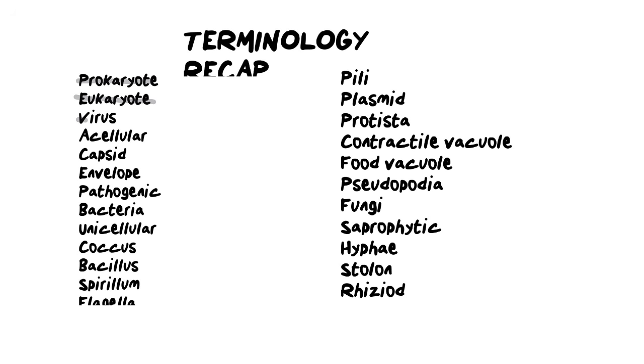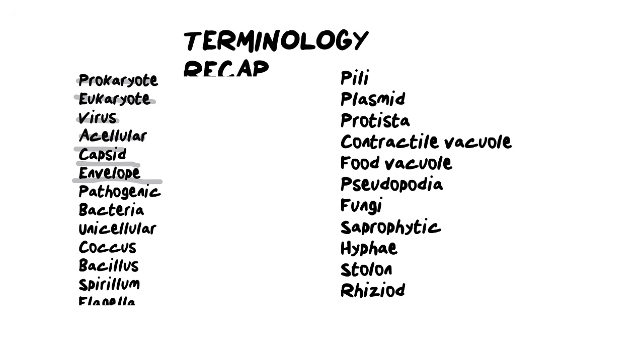And that basically means that they don't have the ability to live without a host. Then they have two protective layers, a capsid and an envelope. A capsid is a protein layer and an envelope is a fatty layer, both of them allowing viruses to live anywhere. We also learned the word pathogenic, which means it causes disease.